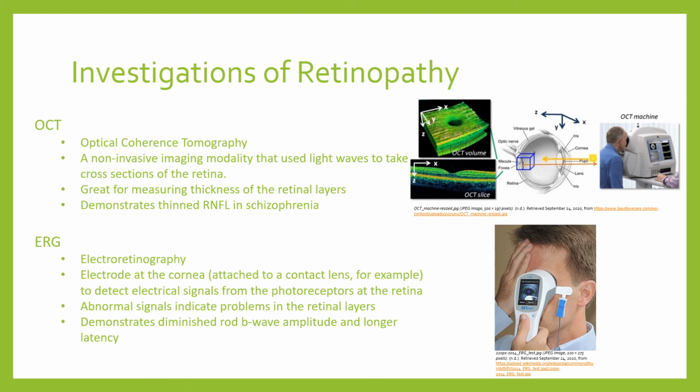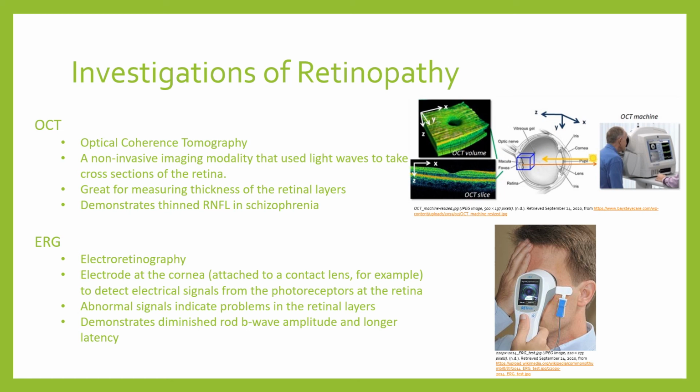First, the OCT is optical coherence tomography, and this is a non-invasive imaging modality that uses light waves to take cross sections of the retina. This is great for measuring the thickness of the retinal layers, and actually, if you remember how I mentioned the RNFL is thinned in those with schizophrenia, well, you can observe that here.